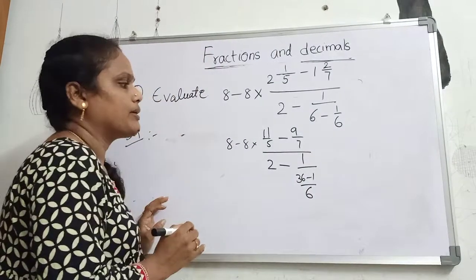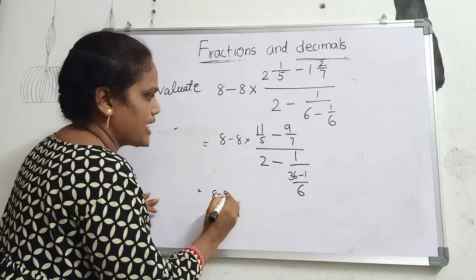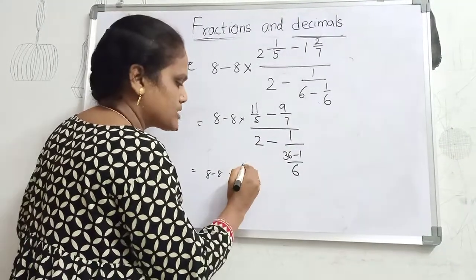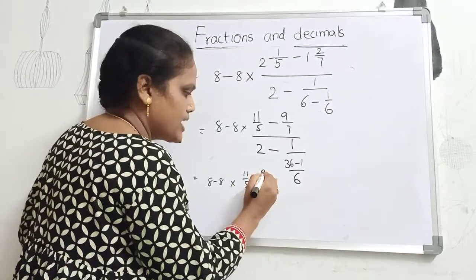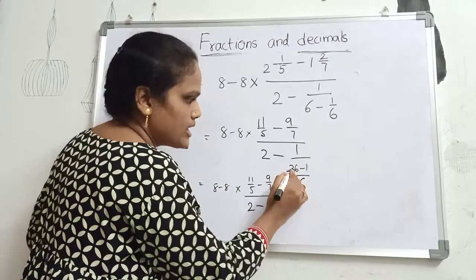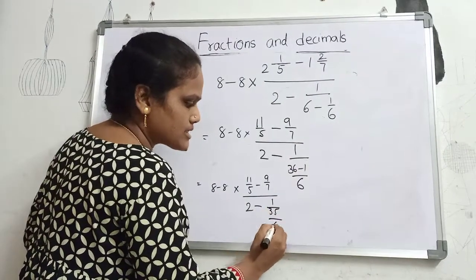Next, 8 minus 8 into 11 minus 5, 9 by 7, by 2 minus 1 by 35 by 36 minus 1, 35 by 6.